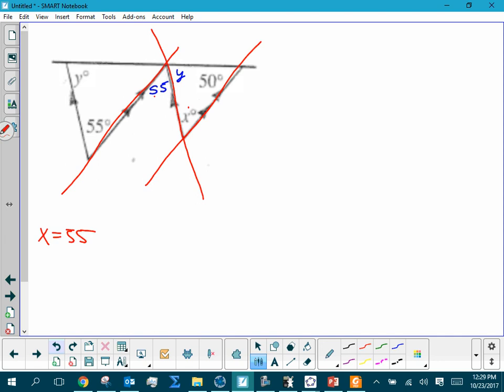I see that it might be useful. That's really the only information there that we can gain from that transversal. But if I look at 55, that was Y. Look at that transversal. What can you tell me about that angle and that angle?